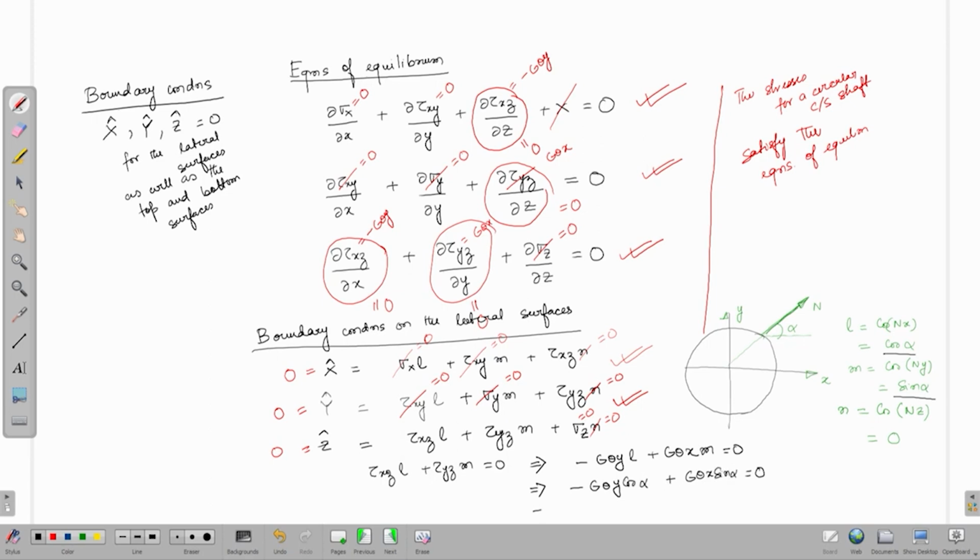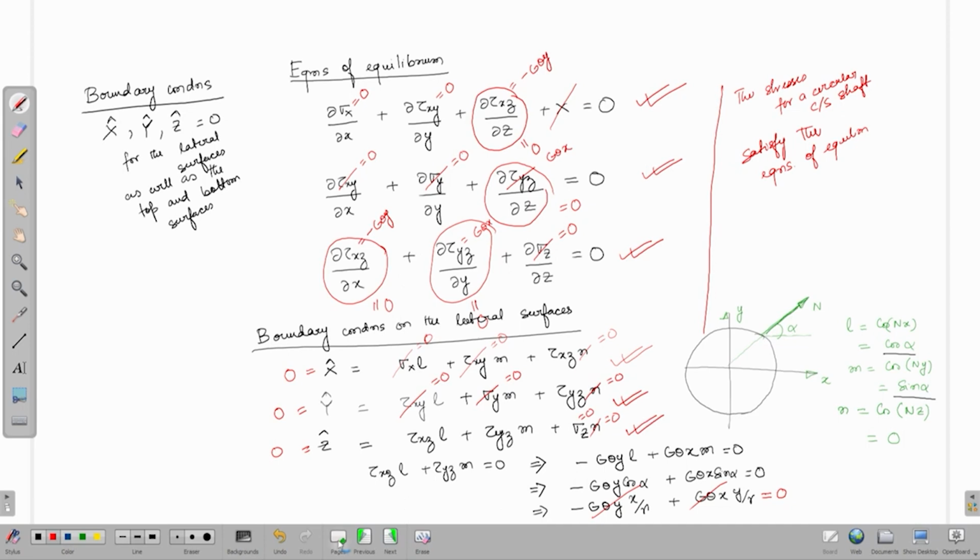So, if we write it down, this is going to be minus g theta y. As we have seen earlier, cos alpha will be x by r and plus g theta x sin alpha will be y by r, and therefore, each of this will cancel each other and therefore, this is going to be 0. So, the third boundary condition is also satisfied. Therefore, the stresses that we have assumed satisfy the force free boundary condition on the lateral surface of the shaft.